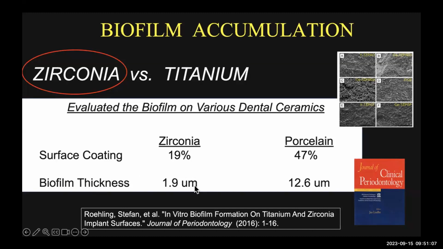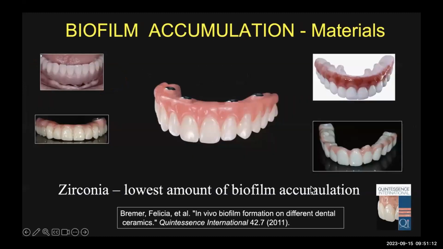With zirconia, you don't get the thicker biofilm like you get on porcelain and other materials. If we look at this study, zirconia had the lowest amount of biofilm accumulation, and I should stipulate that is highly polished zirconia. So if you adjust it and you don't polish it, it's going to be similar to porcelain and/or acrylic. So you have to make sure that it's polished. Glidewell has a very nice zirconia polishing kit, and I highly recommend you use that anytime you do adjust it.